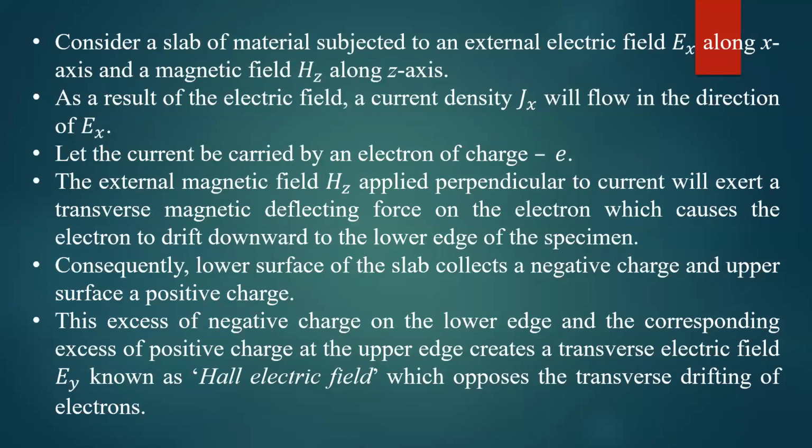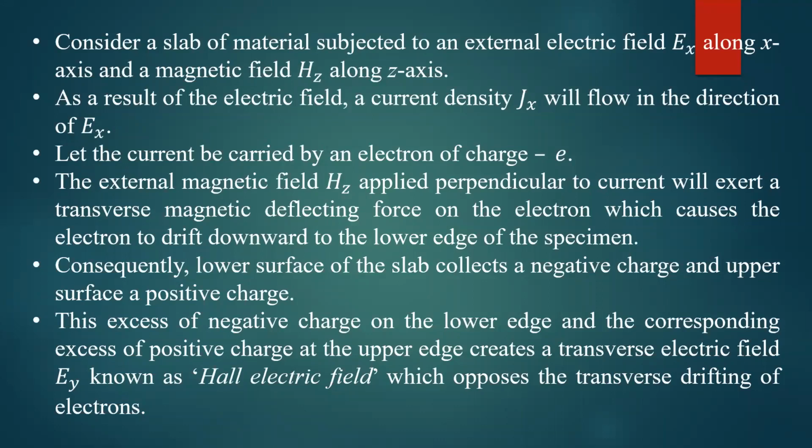Consequently, the lower surface of the slab collects a large number of negative charges and the upper surface becomes positively charged. More and more electrons will be pushed towards the down surface, and there will be deficiency of electrons on the upper surface. So that leads to positive and negative charge distribution, and that leads to the potential difference.